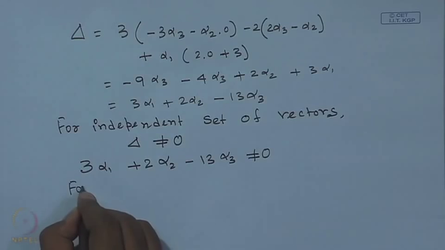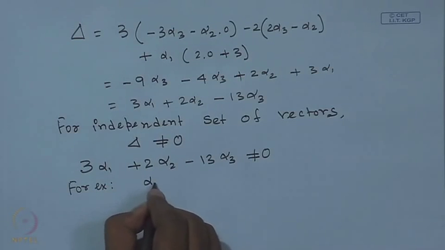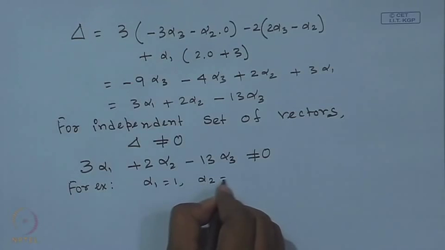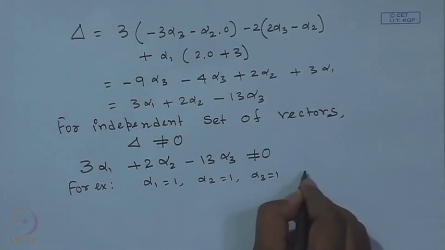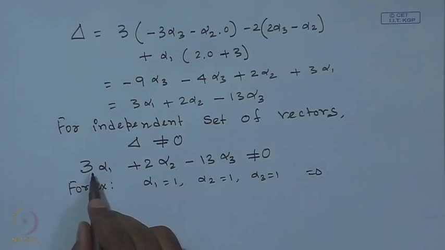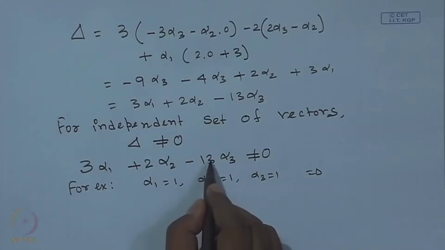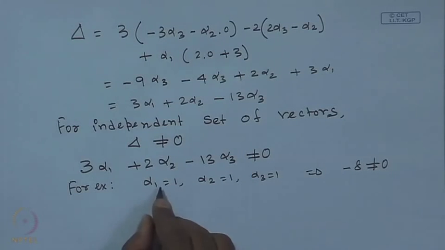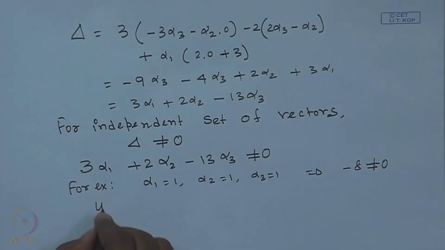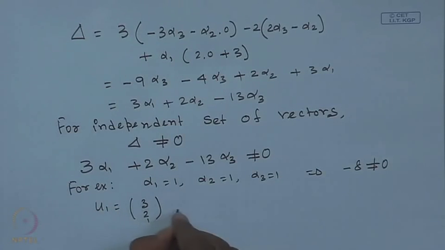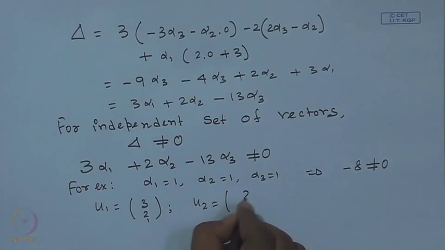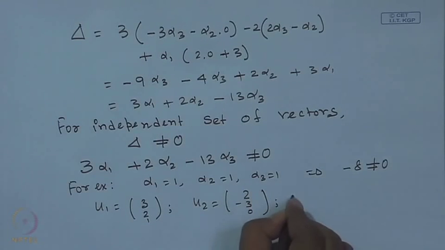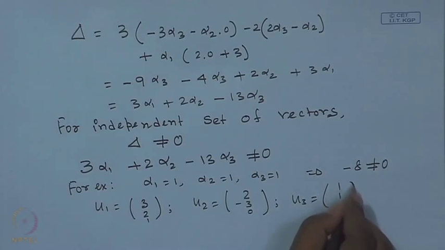For example, if you consider alpha 1 equal to 1, alpha 2 equal to 1, alpha 3 equal to 1, you get 3 plus 2 is 5, 5 minus 13 is minus 8, which of course is not equal to 0. So, (1, 1, 1) along with the other two vectors u1 (3, 2, 1) and u2 (2, minus 3, 0), with u3 as (1, 1, 1), constitute a basis set of vectors or independent set of vectors.